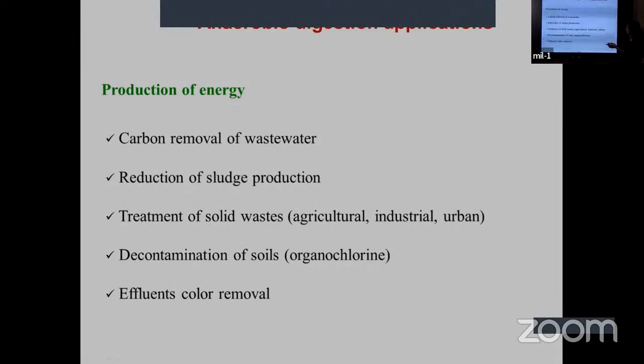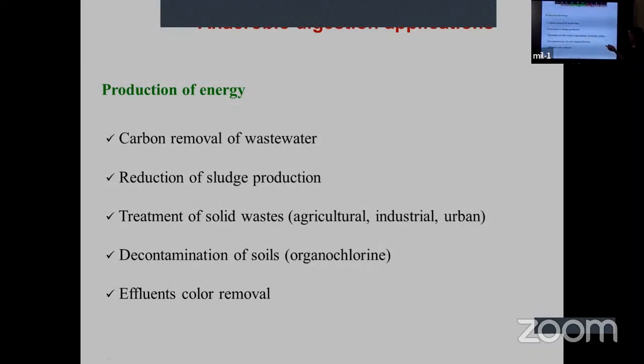You can also treat solid waste, either agricultural, industrial, or urban. You can use anaerobic digestion for soil decontamination, with organochlorine as an example of chemical contamination, and also to treat wastewater with colon.